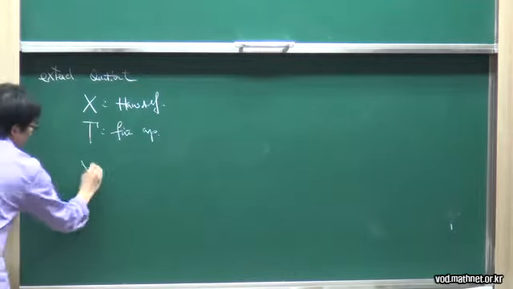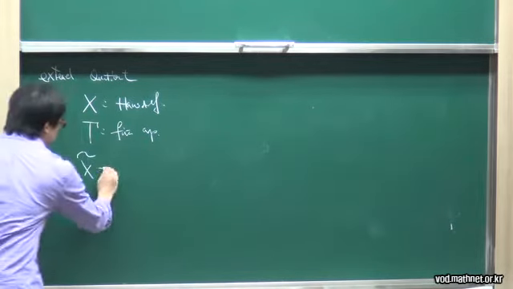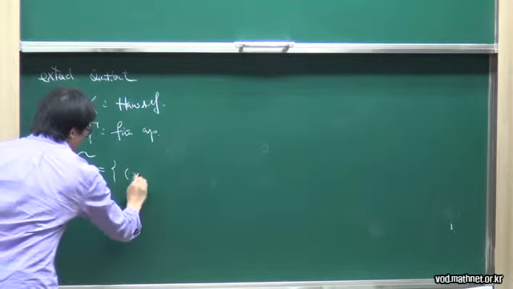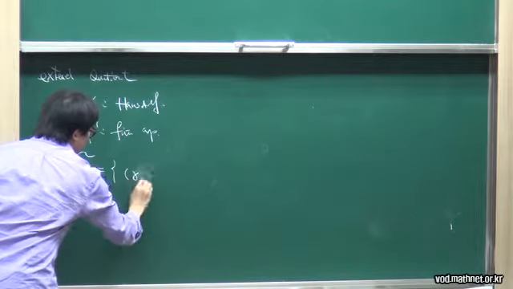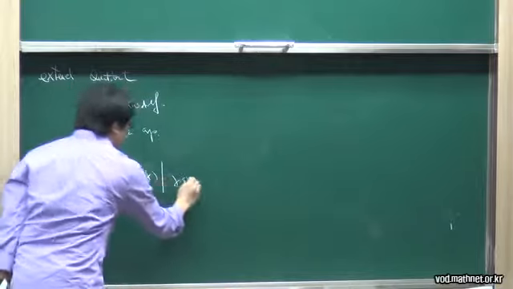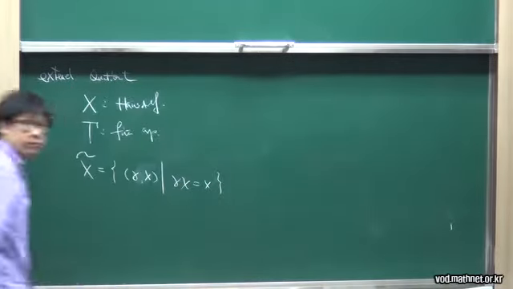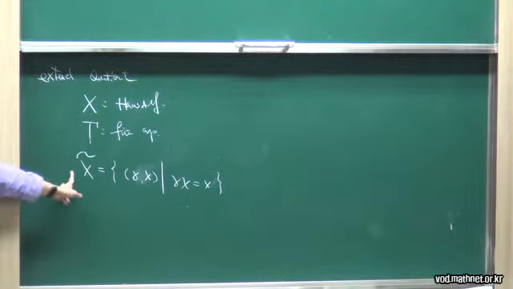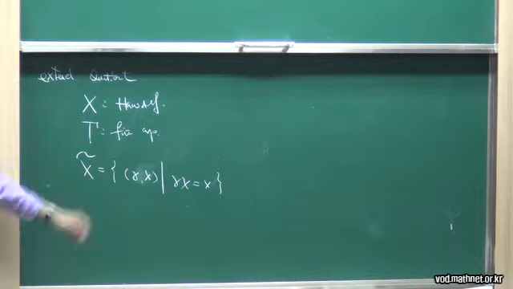And then we can define X tilde as a pair, gamma and x, where gamma fixes x. We get the X tilde. This is my first step.